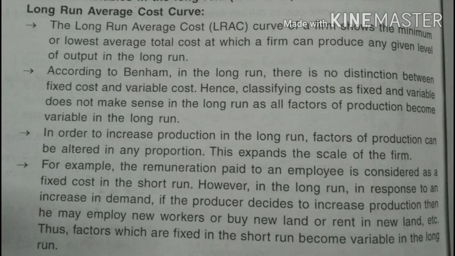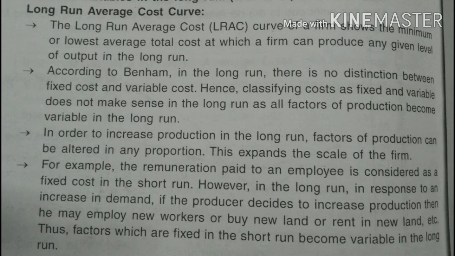Long run average cost curve. This curve shows the firm the minimum or lowest average total cost at which a firm can produce any given level of output in the long run. Benham says that there is no distinction between fixed cost and variable cost in the long run.